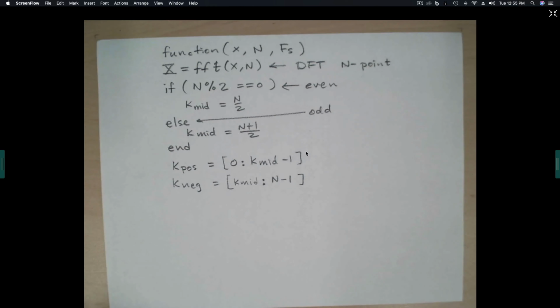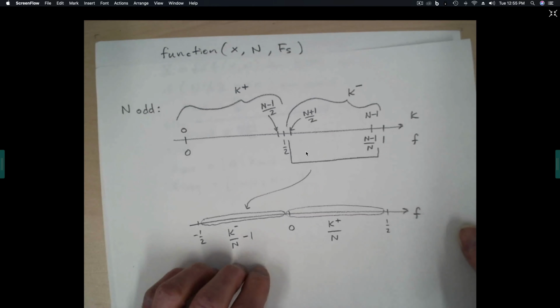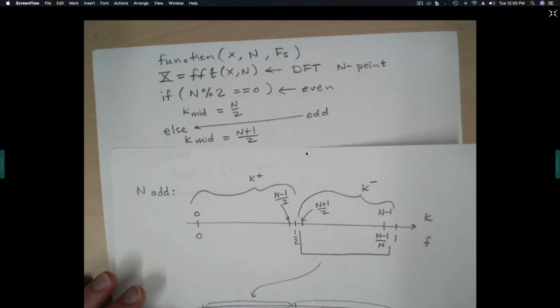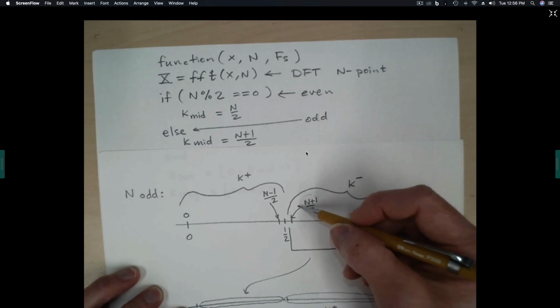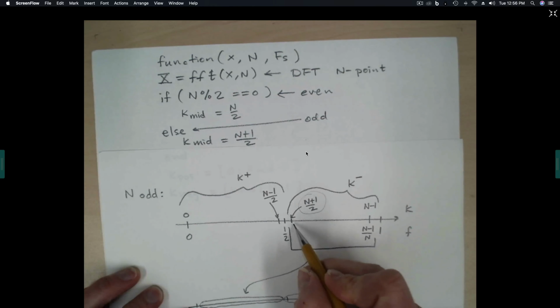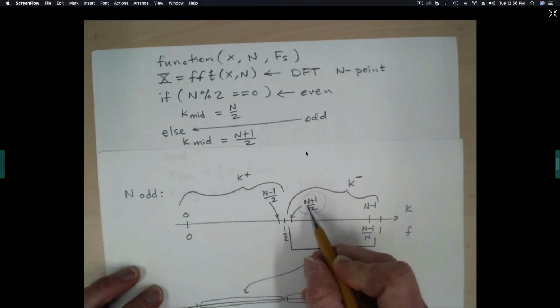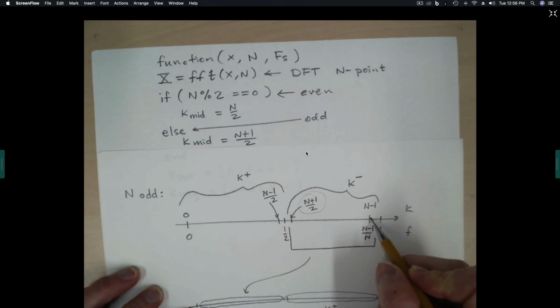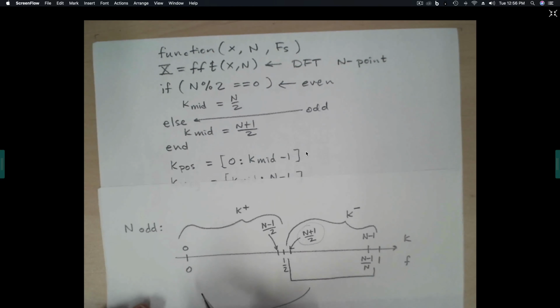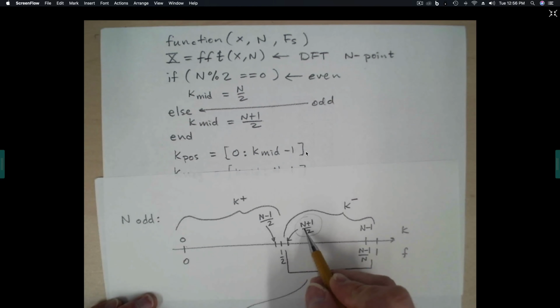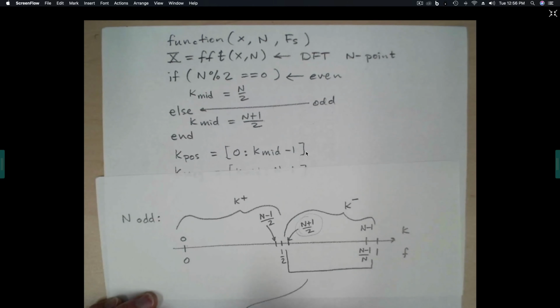Let's check to make sure that that's going to work also for the case when n is odd. So again, we defined k mid in the odd case to be n plus 1 over 2. So that's this number. So k negative goes from n plus 1 over 2 up to n minus 1, and then k positive goes from 0 up to k mid minus 1.